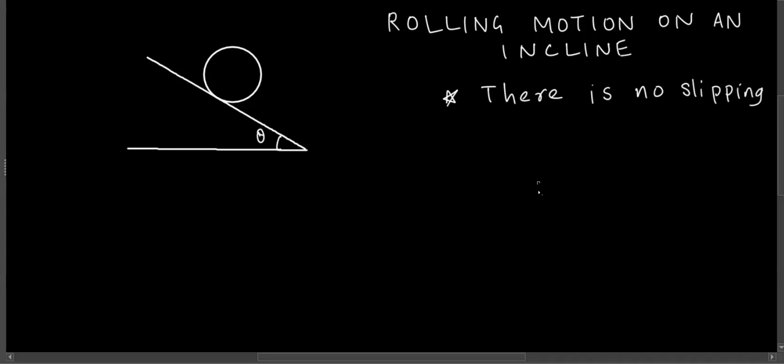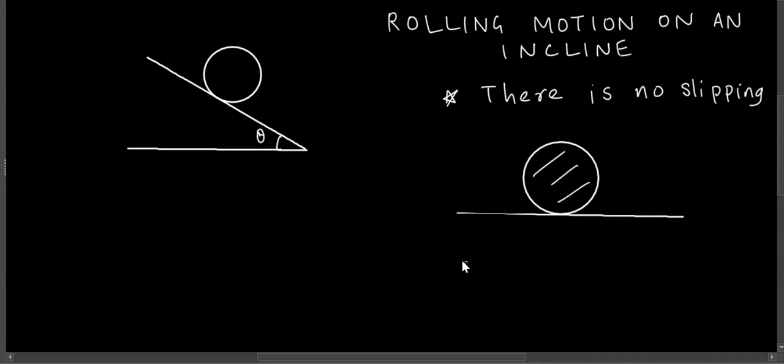Now, when we saw rolling of a disk on the horizontal ground, we took a disk and then understood rolling motion. So if I take this disk, the condition that is important to keep in mind is we paid attention to the point of contact, the bottommost point which is touching the ground.